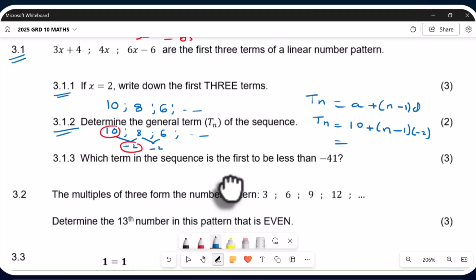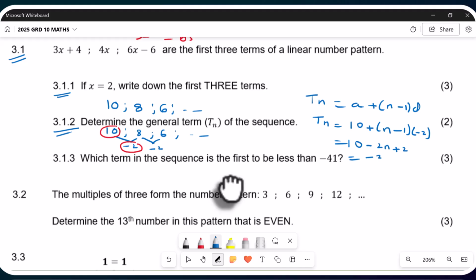Determine what? Okay, one more time. The multiples of 3, negative 2 and positive 2, which means we have both even and odd numbers, isn't it?